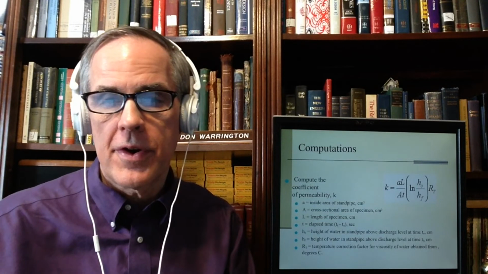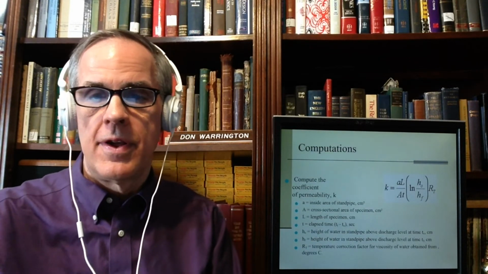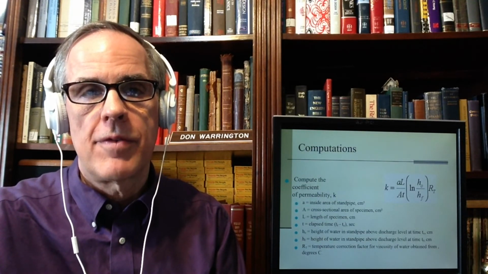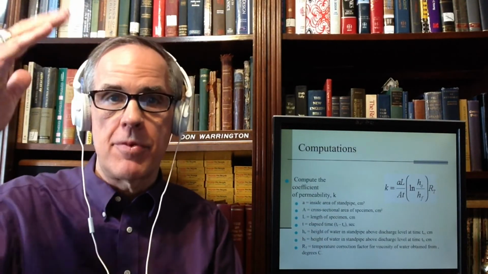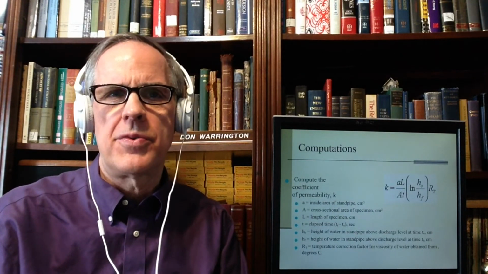The variables are pretty much the same except H0 and HF. And the time is not the time the water flows, but the time that it takes to drop between H0 and HF. Other than that, it's no different.